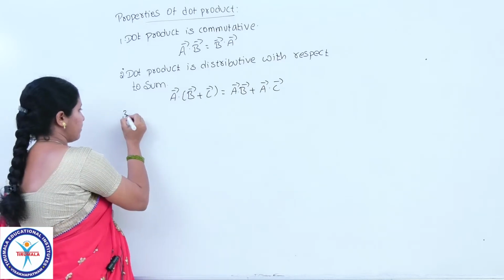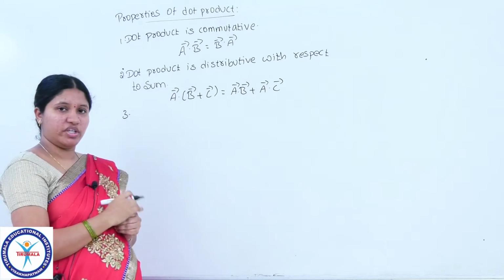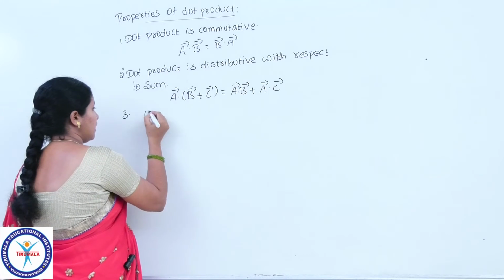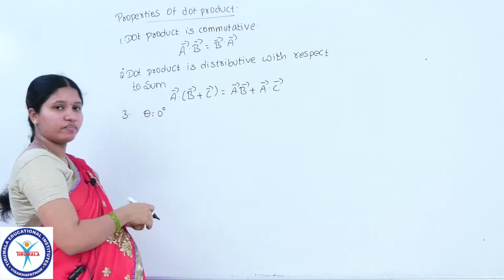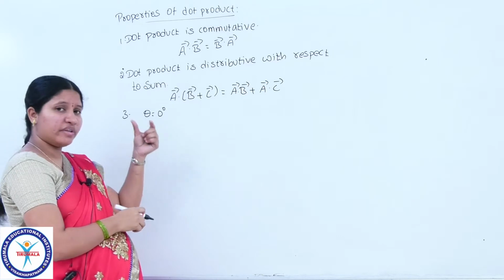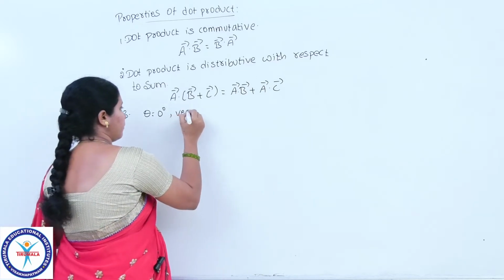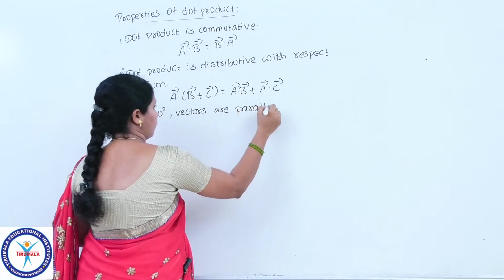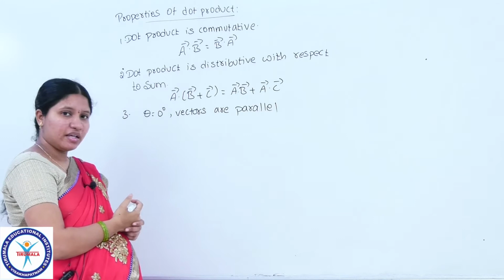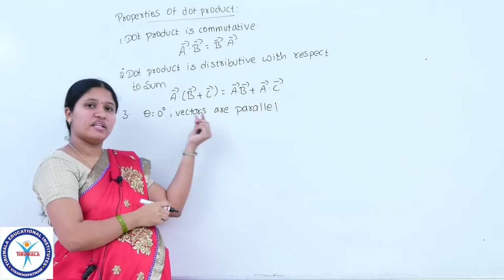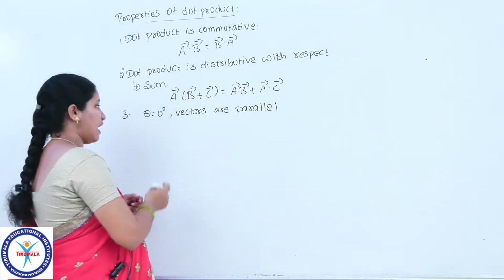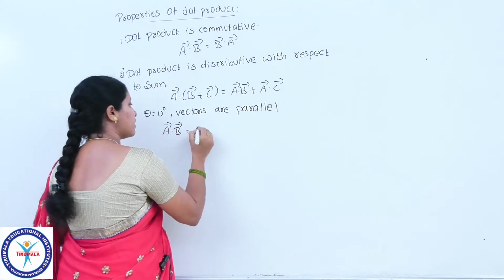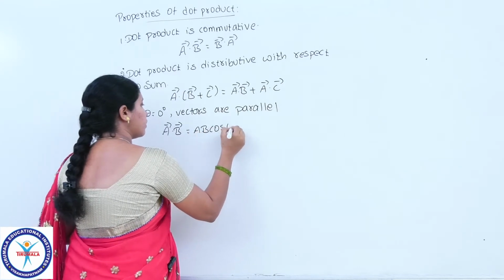And the next one is, suppose if the angle between two vectors A bar and B bar be 0 degrees, means if theta is equal to 0 degrees, we can say that the two vectors are parallel. So when the angle between two vectors is 0 degrees, the vectors are parallel to each other, and from the mathematical definition, a bar dot b bar is equal to ab into cos theta.